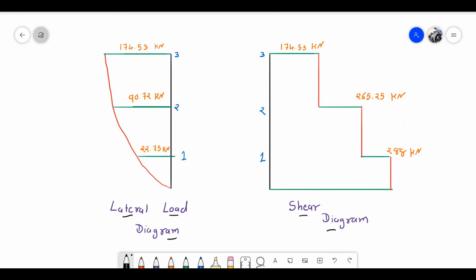The lateral loads on the third, second and first story are 174.53 kilonewton, 90.72 kilonewton and 22.75 kilonewton. And here is the shear force diagram: 174.53 kilonewton, 265.25 kilonewton and 288 kilonewton. So the first example is completed.